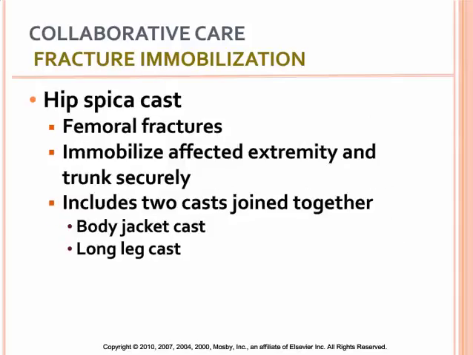A hip spica cast is used for femoral fractures to immobilize the affected extremity and the trunk securely, and it includes 2 casts joined together, a body jacket cast and a long leg cast. The location of the femoral fracture will determine whether the thigh of the unaffected extremity will have to be immobilized to restrict the rotation of the pelvis and the possible hip motion on the side of the femoral fracture.